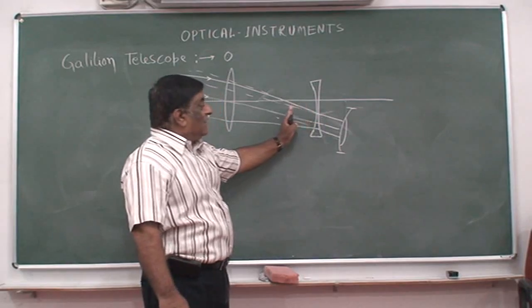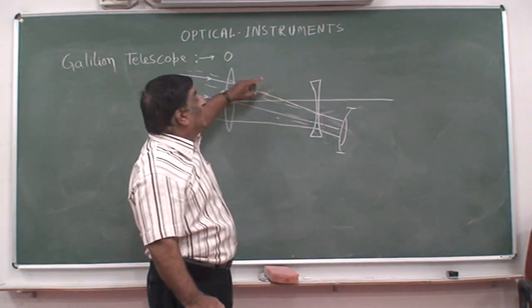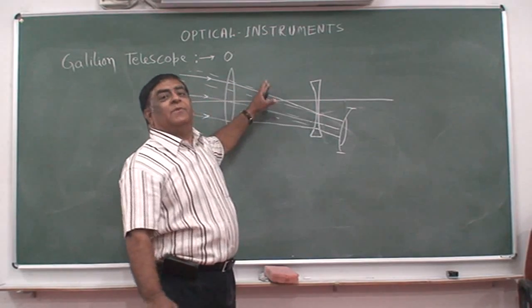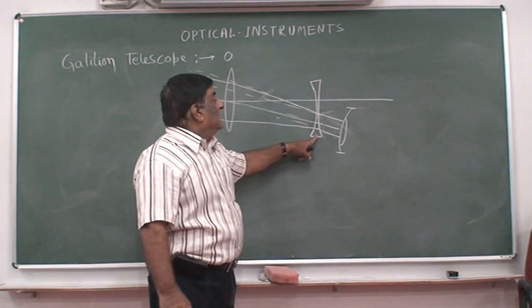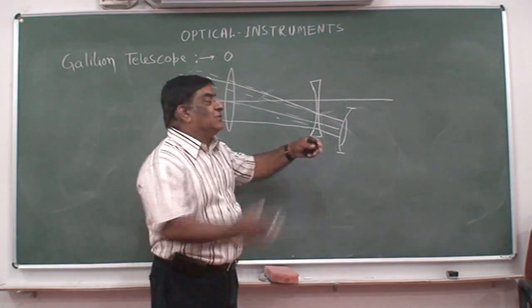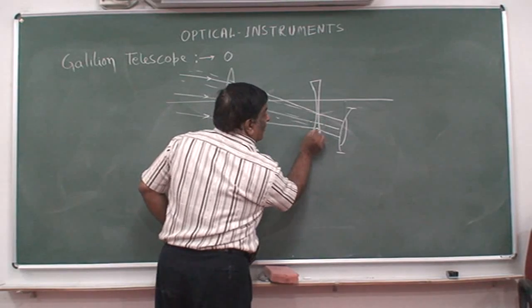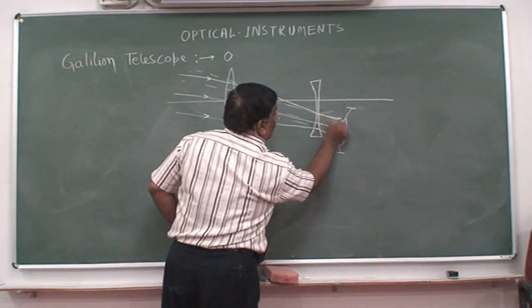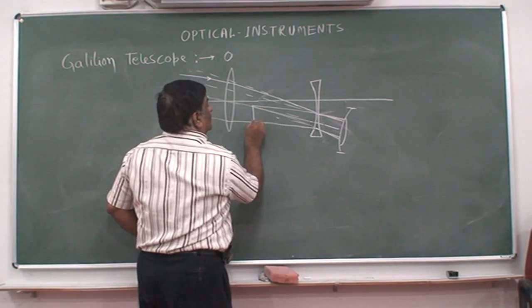If we increase it a little on this side, the divergence will be more and the rays will meet at distance d. That will be for distinct vision. But this is a concave lens, used for diverging. If we make it a little more like this, then it will go this way, and these two will meet here.